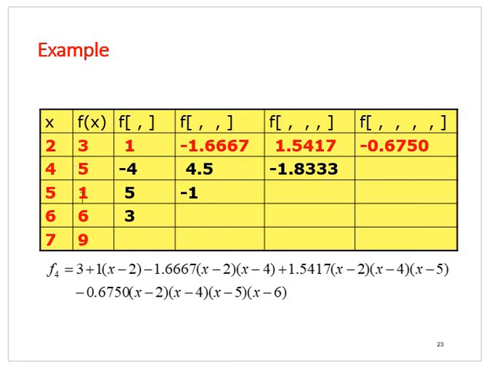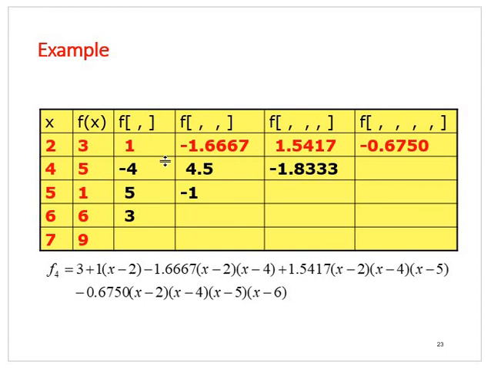Then this one, 1 minus 5 is minus 4, divided by 5 minus 4, 1. So minus 4. 5 minus 3, 2. 4 minus 2, 2. So divide 2 by 2.